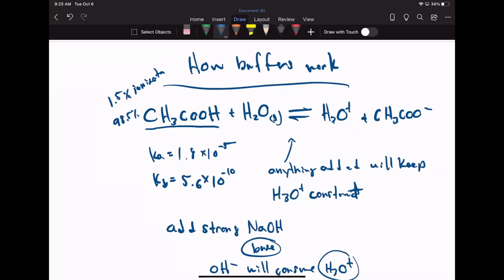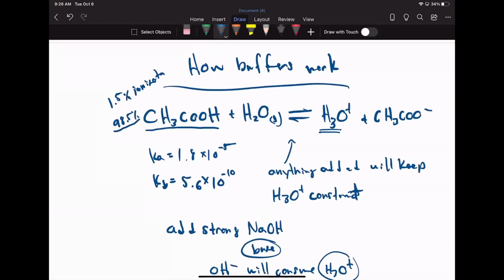So if I put in a strong base and it starts to consume this H3O plus, in order for this buffer to maintain its pH, it has to maintain this hydronium. And because there's so much of this unionized acid left that remains undissolved, we're going to shift the reaction to the right in order to produce more hydronium.